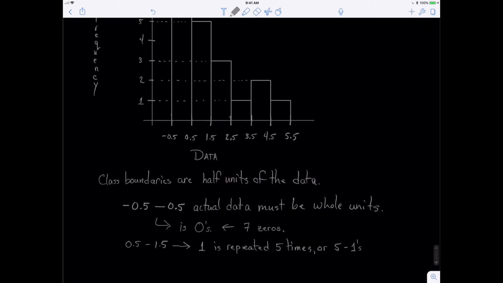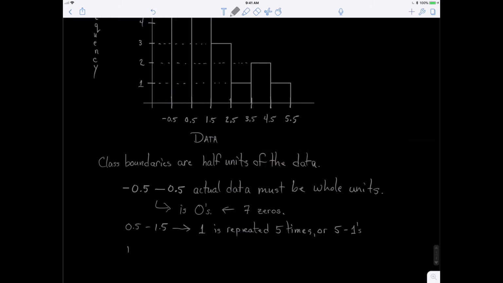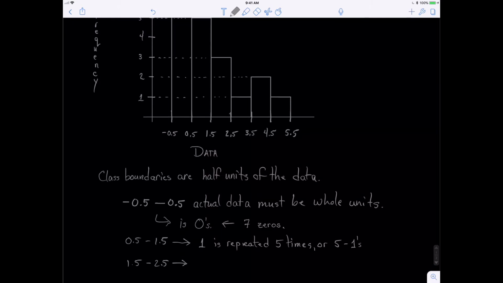Then, from 1.5 to 2.5, the frequency is 3, and the only whole number is 2. So this one has 3 2's.